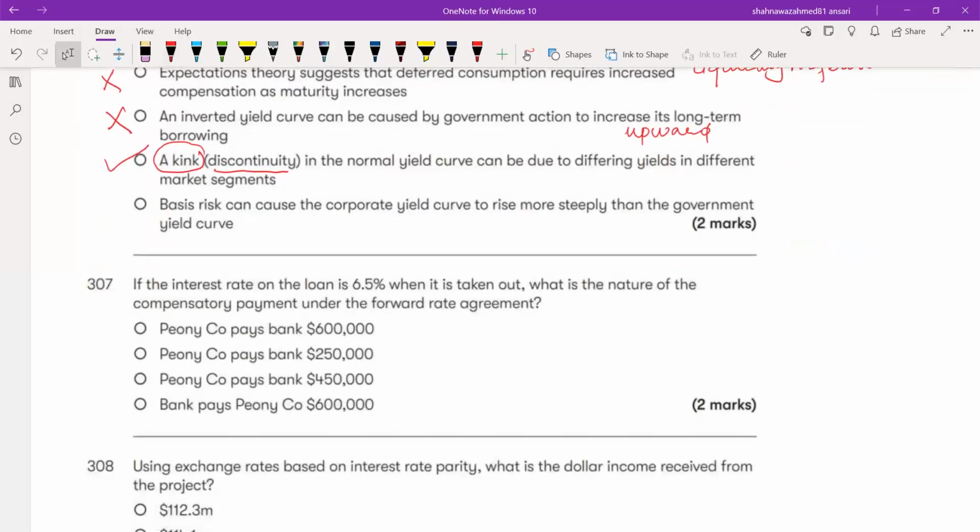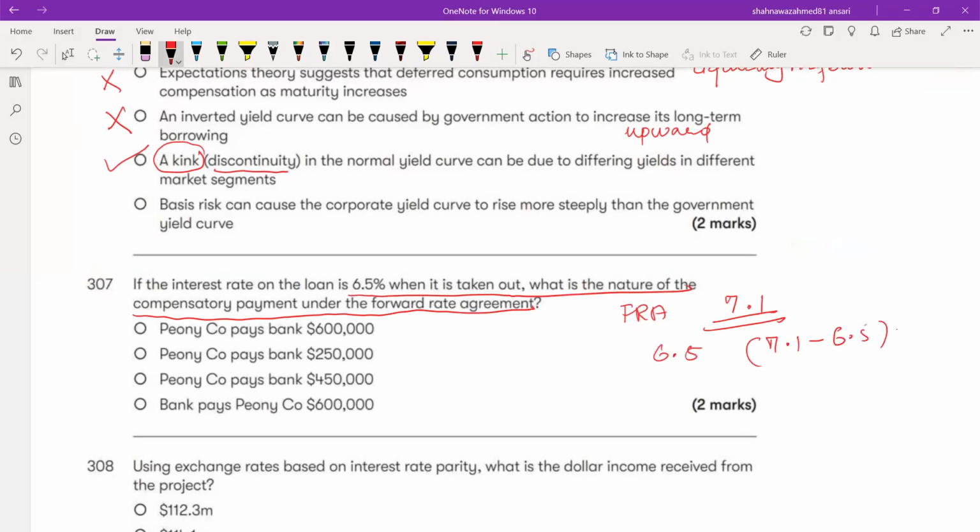Question number 307. If the interest rate on the loan is 6.5% when it is taken out, what is the nature of the compensatory payment under the forward rate agreement? So we have fixed the FRA at 7.1%. If the interest rate is 6.5%, we have to pay the difference, 7.1 minus 6.5, that is 0.6%, to the bank.